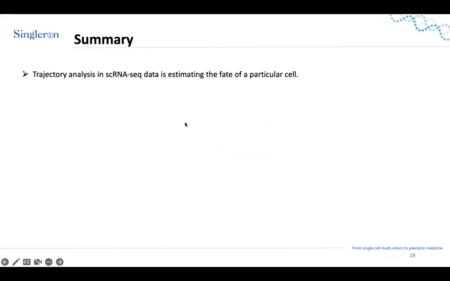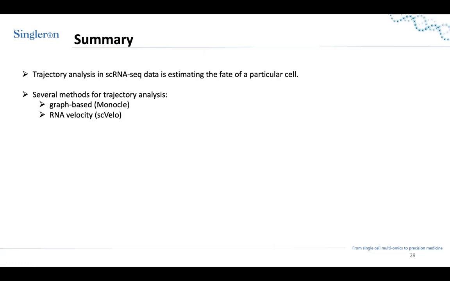Okay, so we came to the summary of the talk. Trajectory analysis in single-cell RNA-seq data is estimating the fate of a particular cell. There are several methods for trajectory analysis, and I have talked about two only. Monocle, which is graph-based, and scVelo, the name of the tool that uses the RNA velocity method.